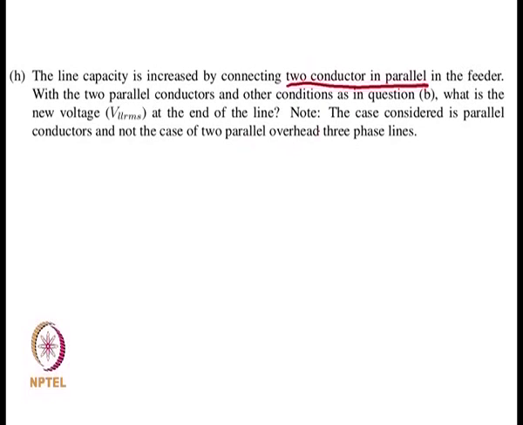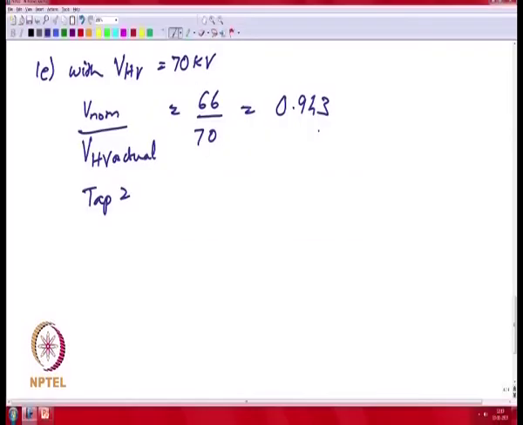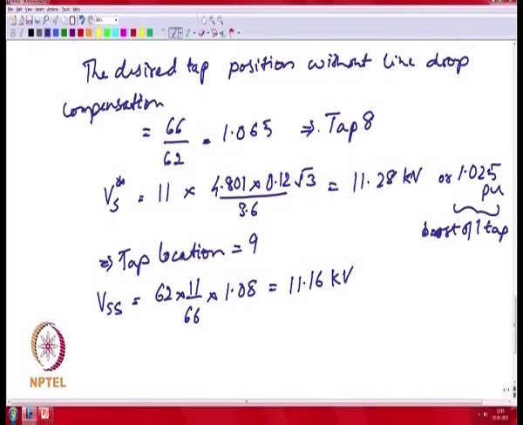So, we will look at the possible situations that you could have when you are paralleling conductors.